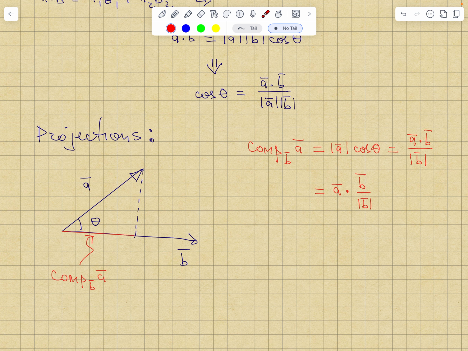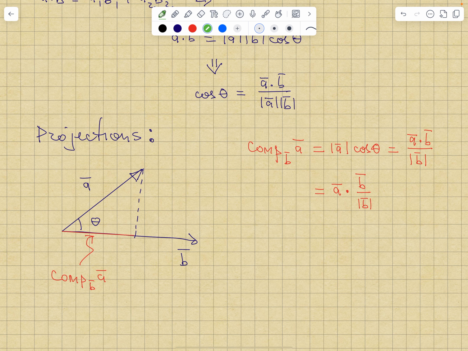Okay, so then the next thing that I want to do, clearly if I take a vector A, then I can always write A in the following way.